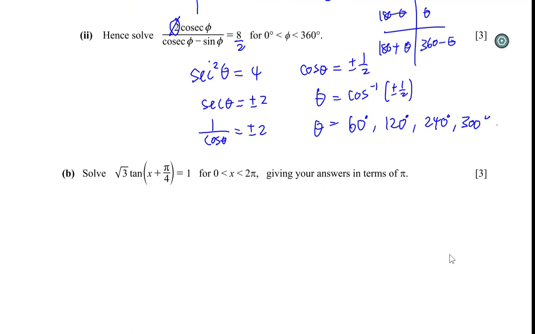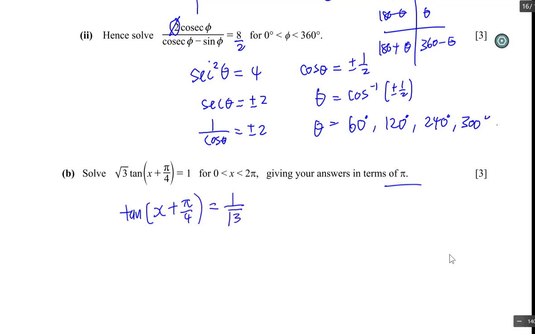Okay, last one. Square root 3 tangent equals 1. Give your answer in terms of pi. Alright, so I hope you have a new calculator so that you no need to memorize it, or else it might be a little bit hard for you.